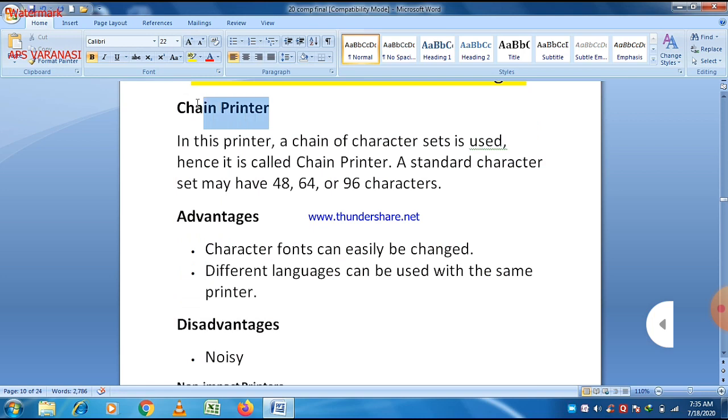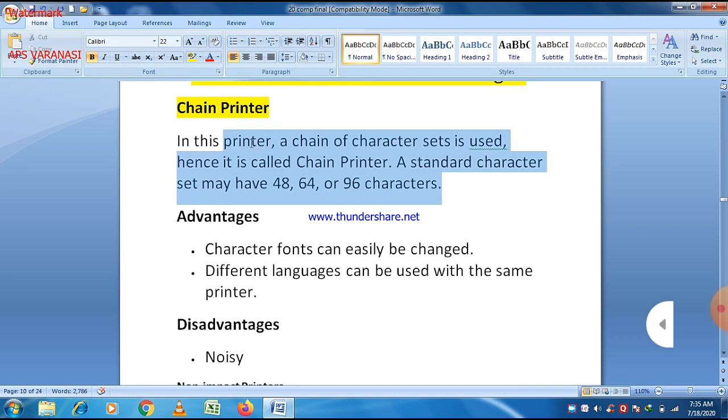In the chain printer, a chain of character sets is used. That's why they are called chain printers. A standard character set may have 48, 64 or 96 characters. Chains of character sets are used in chain printers.